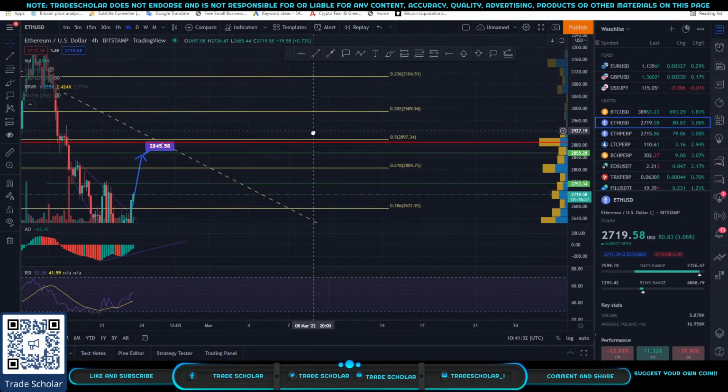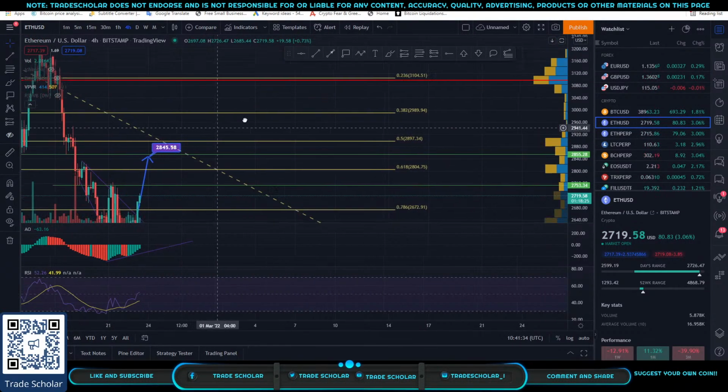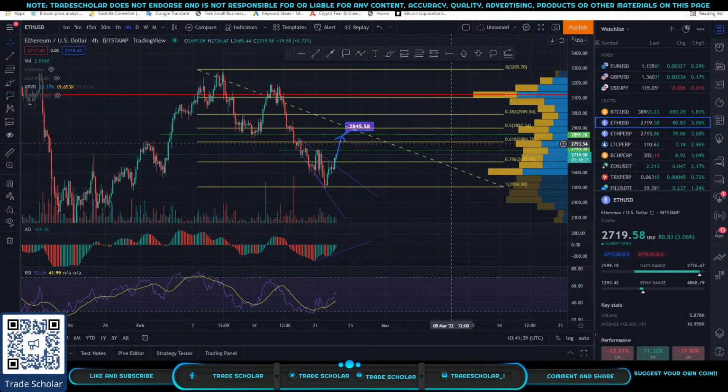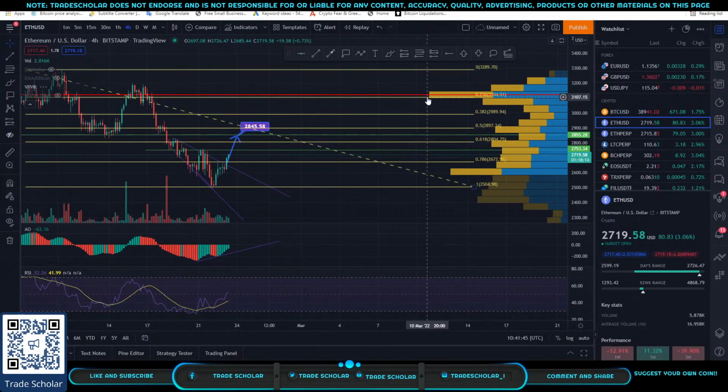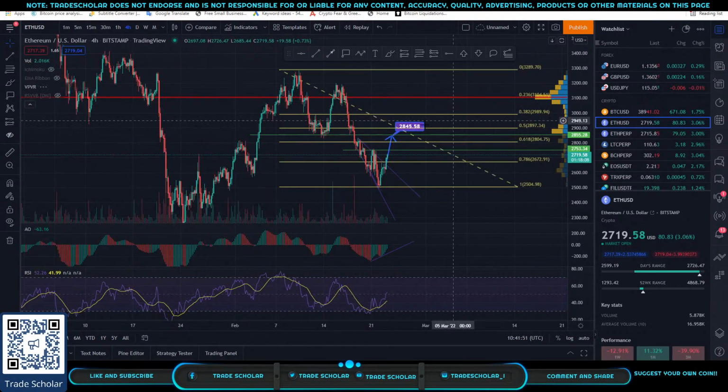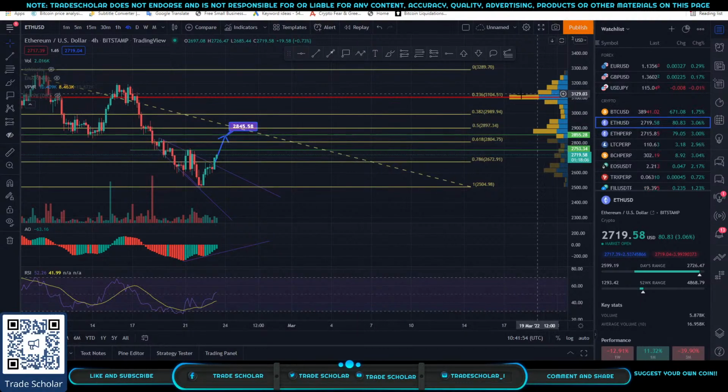The next one is 0.5. The next strong resistance is right here at 3102, and we can cross all here once we reach 3102, because our VPVR has strong volume here. So it means we're most probably going to get rejected there.